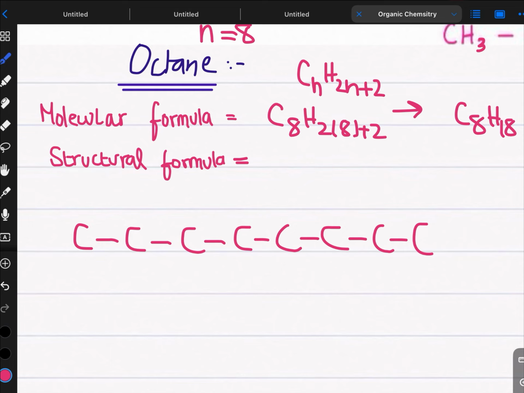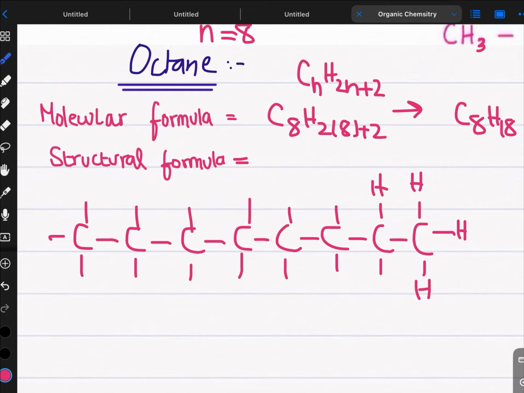Now let's complete the bond of each carbon atom. This C has 1 bond already made, so I'm going to complete the rest of the 3. This has 2 bonds to be made. Alright, I'm completing bonds of each carbon atom. I've completed it. So now let's write down the H element along with each bond.